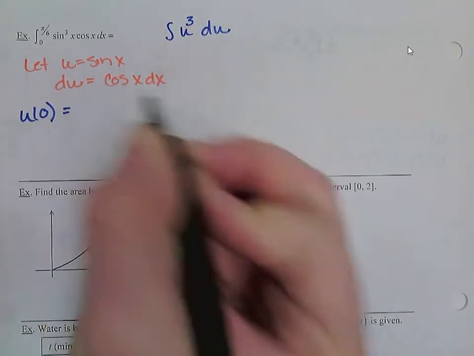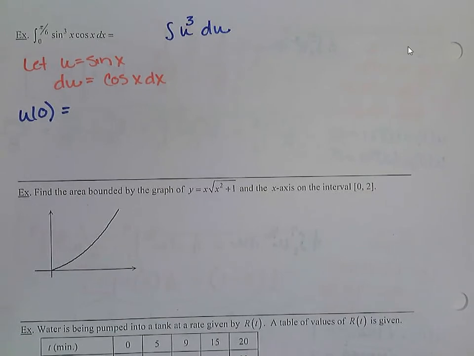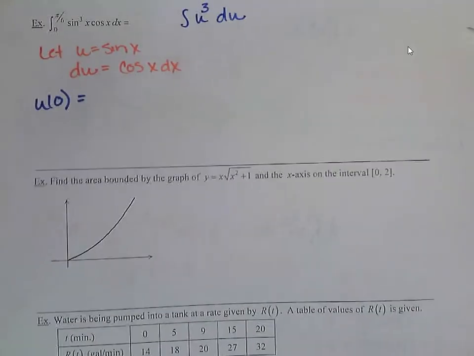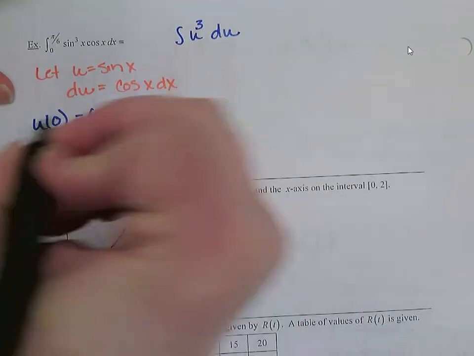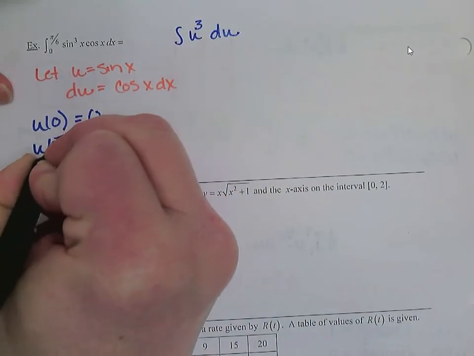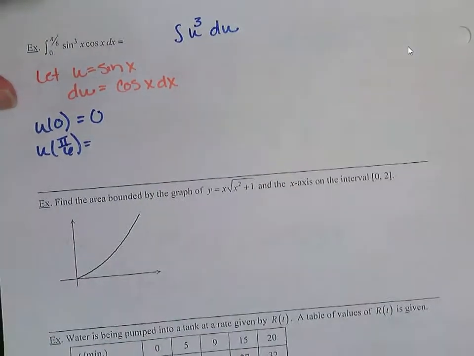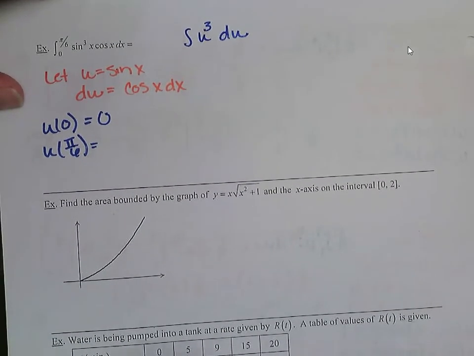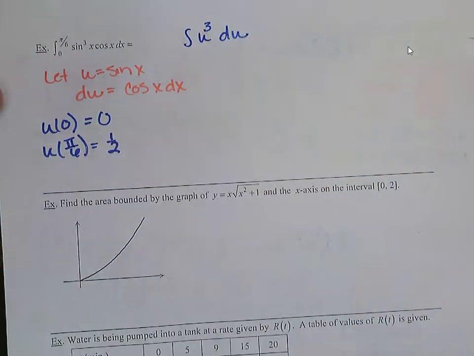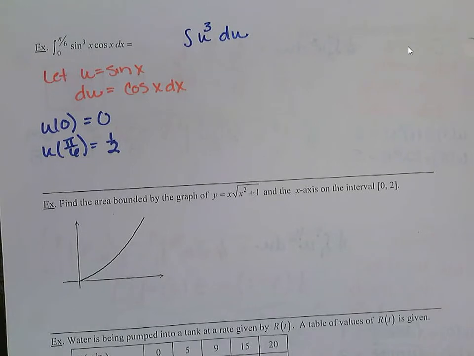If x is 0, then u is sine of 0, which is 0. If x is pi over 6, then u is sine of pi over 6, which is 1/2. Again, changing from our x values to our u values made them easier to work with. Instead of working with 0 and pi over 6, now we're working with 0 and 1/2.